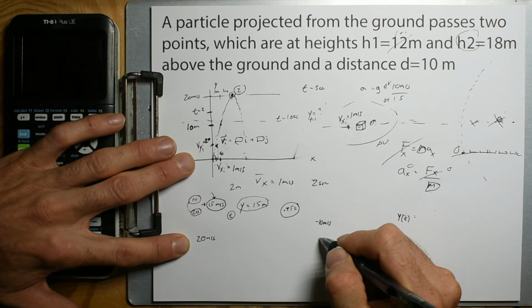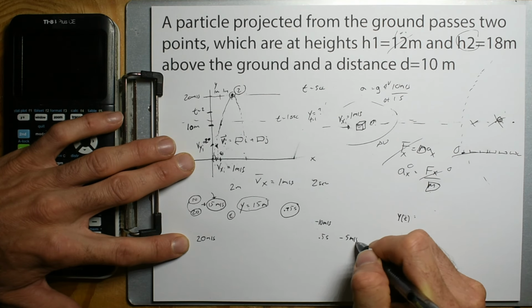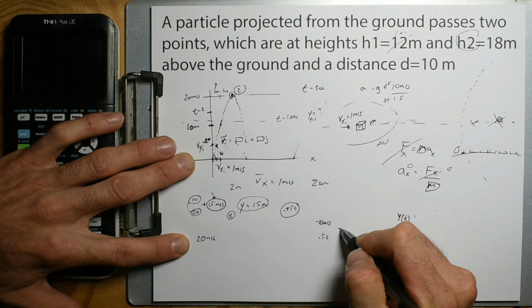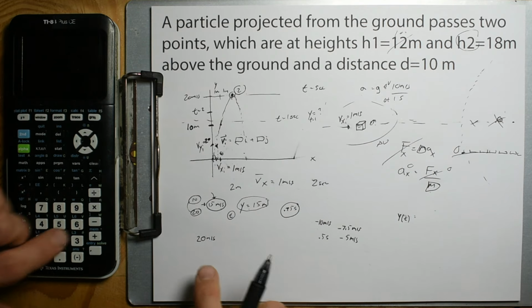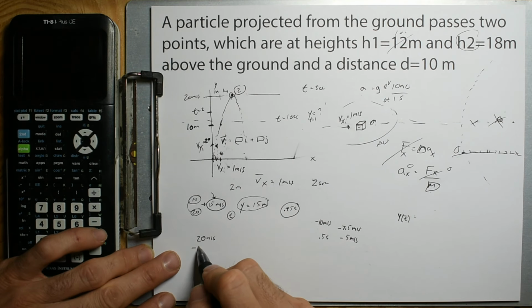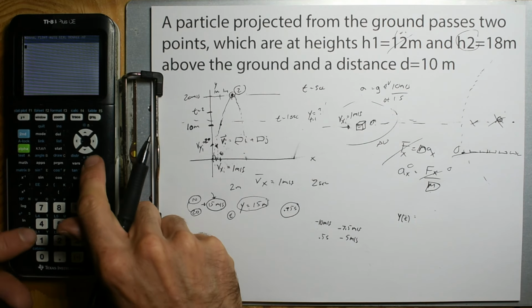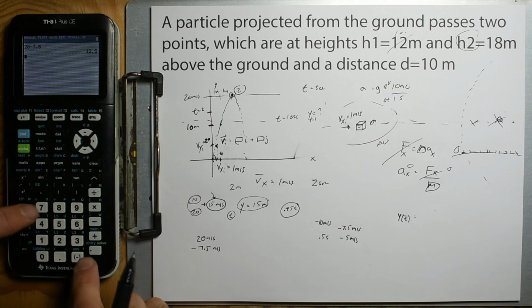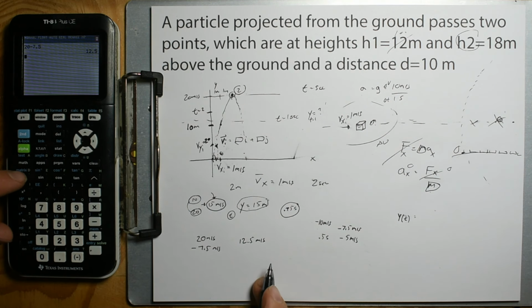What happens in half a second? In 0.5 seconds, my speed would decrease 5 meters per second. So in 0.75 seconds, my speed is going to decrease 7.5 meters per second. So 20 minus 7.5, and I'm going to have a speed of 12.5 meters per second.